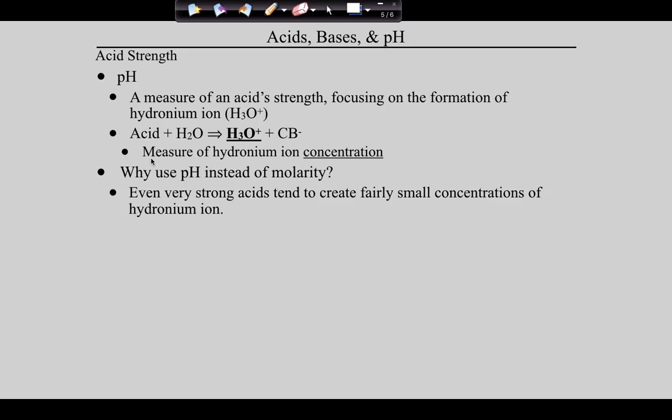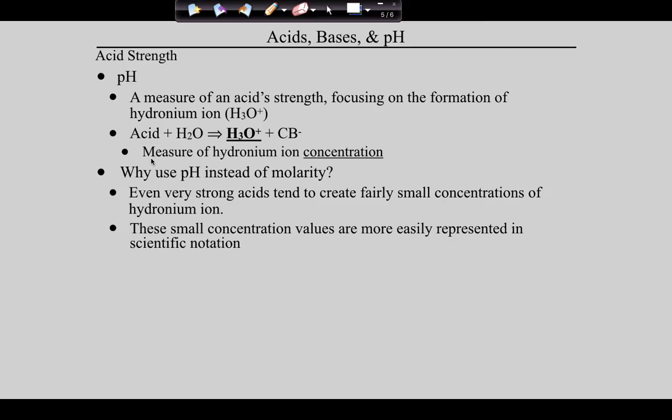So here's the deal. Guys, even really, really strong acids, like these acids that I tell you, don't get them on you or you're going to wish you were dead, even really, really strong, nasty acids have relatively small concentrations of hydronium ion. Their molarities are relatively low. As a result, these small concentrations are easier to represent in scientific notation.